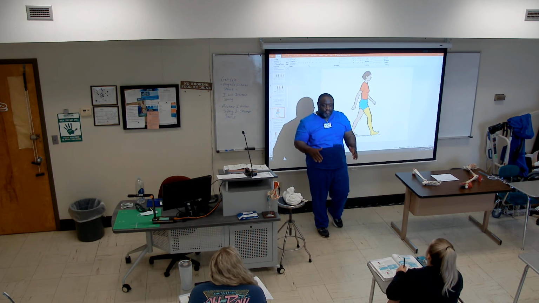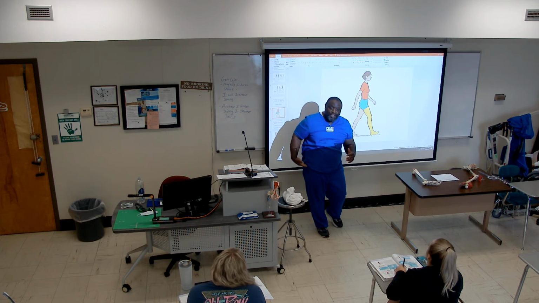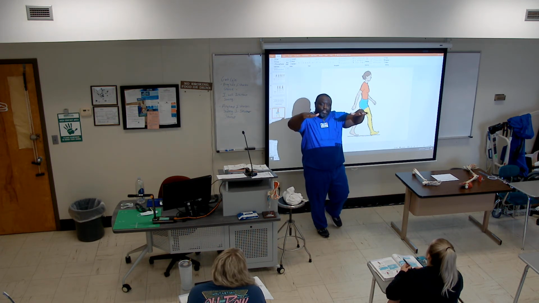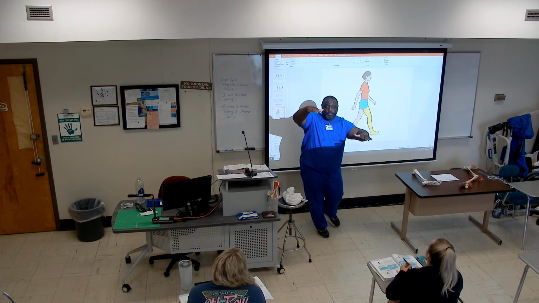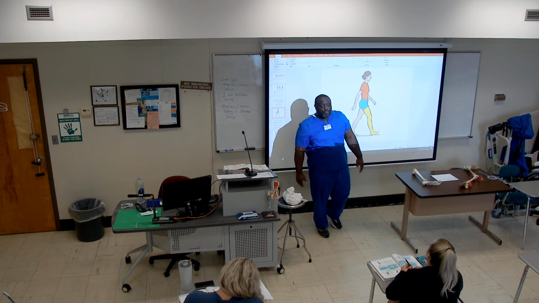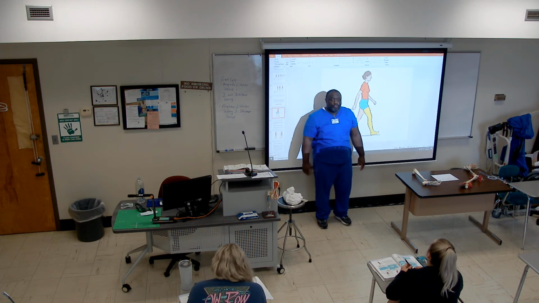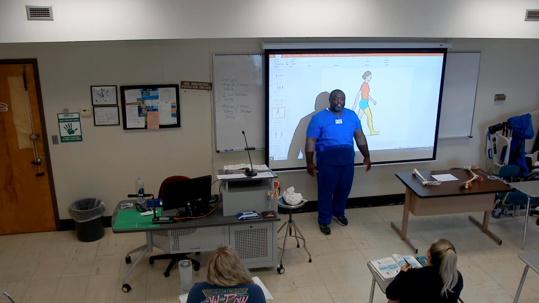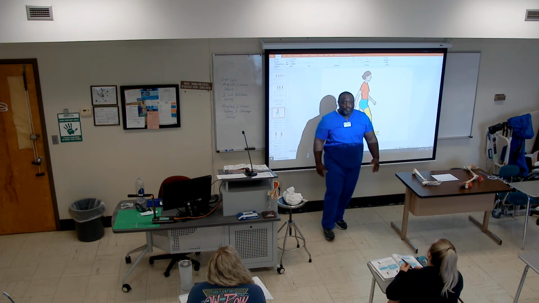Does that make sense? So it pulls me into closed chain adduction on the stance side, and on the non-weight bearing side, I'm going to have hip drop. That's what we call Trendelenburg. So when the person goes into mid stance, it's going to drop.